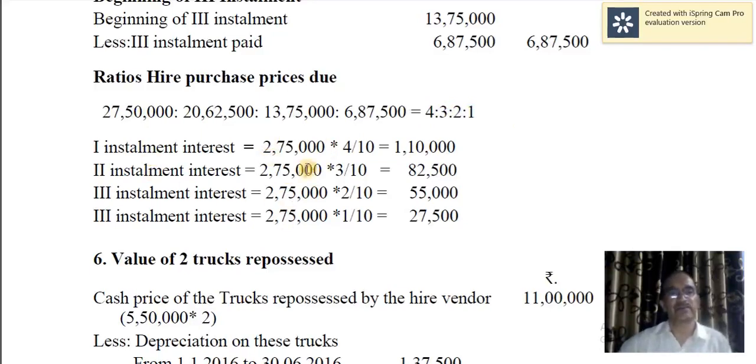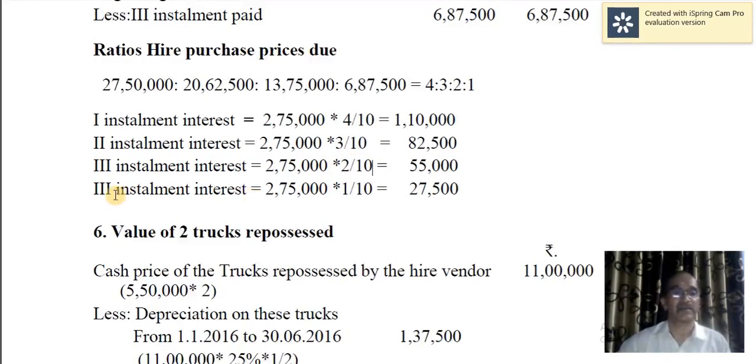First installment, 2,75,000 into 4 by 10. Second one, 2,75,000 into 3 by 10. Third installment, 2,75,000 into 2 by 10. And the fourth installment interest is 2,75,000 into 1 by 10, so 27,500.